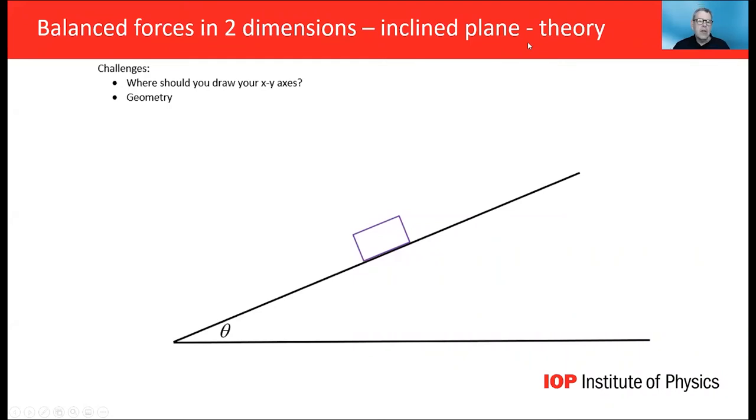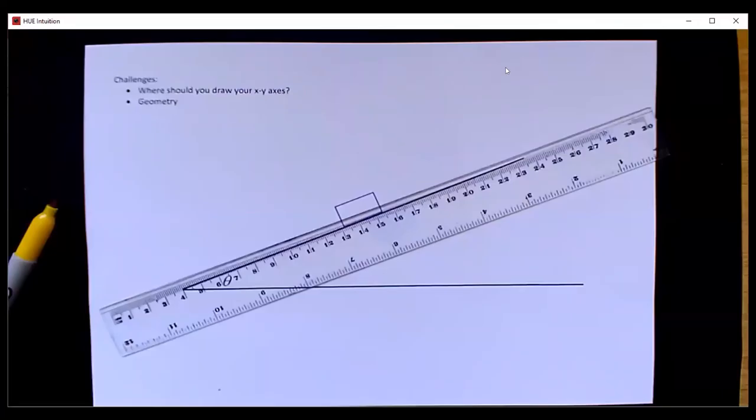So now let's start attaching some maths to this and building up a description using trigonometry. The first thing we need to do is define our axes. So let's do that. In this case, we know that the frictional force and the support force are always at right angles to us.